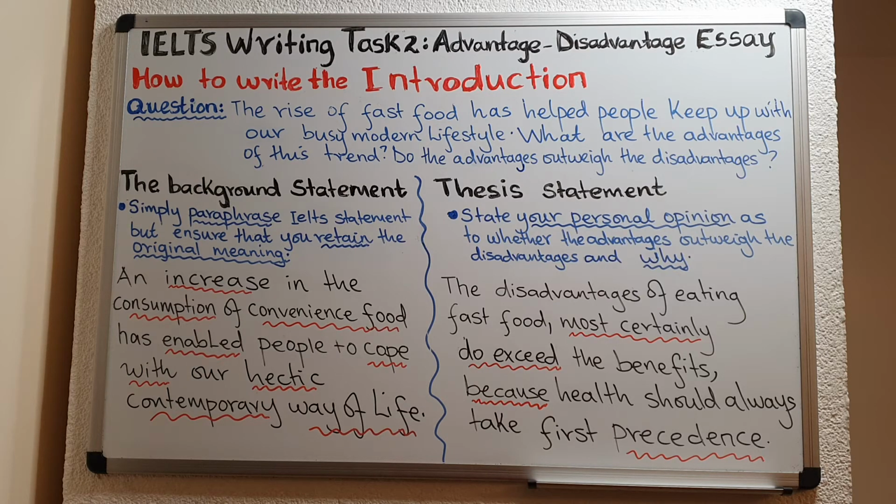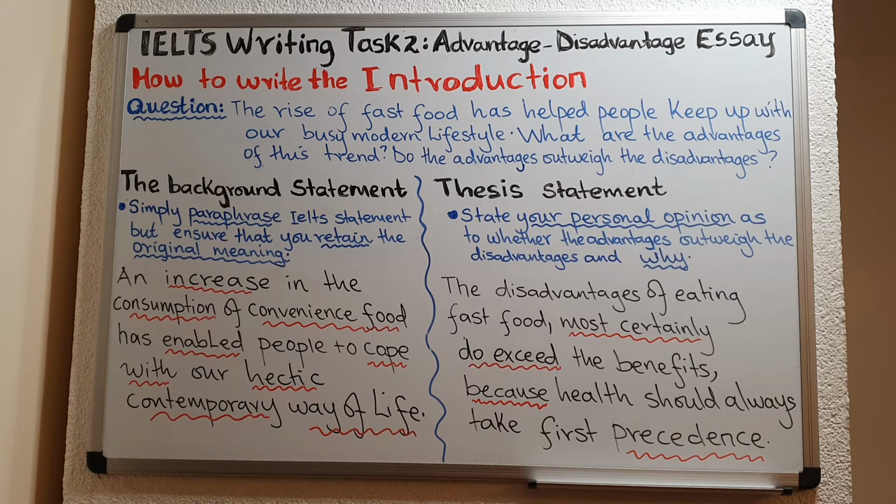Let's read the question. The rise of fast food has helped people keep up with busy modern lifestyle. What are the advantages of this trend? Do the advantages outweigh the disadvantages? So the first part of the question, the rise of fast food has helped people keep up with our busy modern lifestyle.